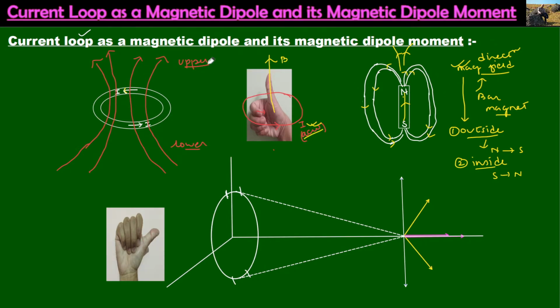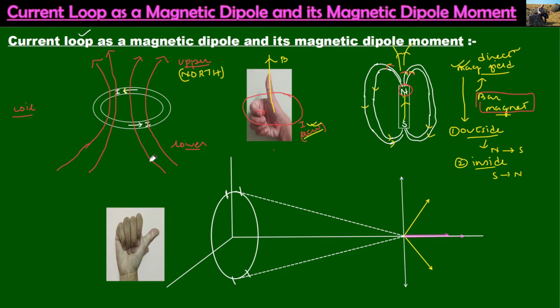Which means if you compare this figure of the current carrying coil with a bar magnet, the upper half of the coil will behave as a north pole because the direction is upward. So the upper part of the coil will behave as the north.